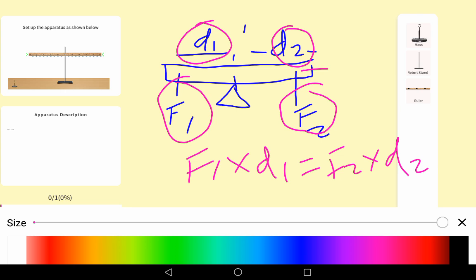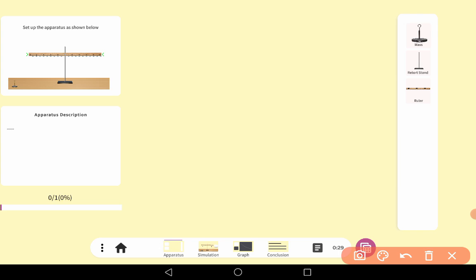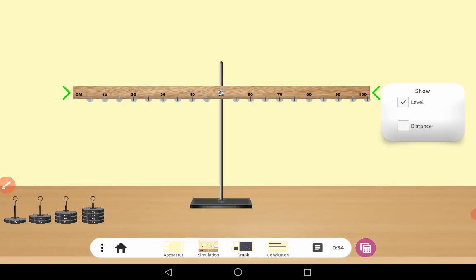All right, so let us see how the setup can be used to achieve that. Here we have different masses. Let's see if we can pick some masses. Let's say we get this one.